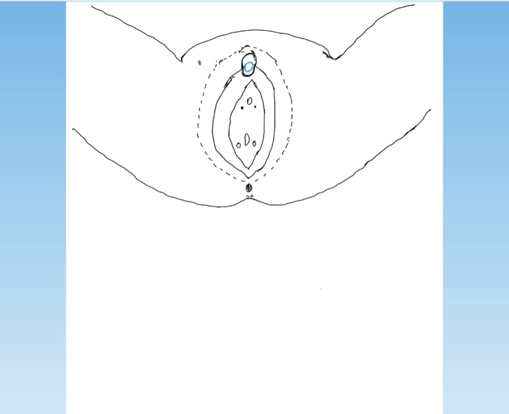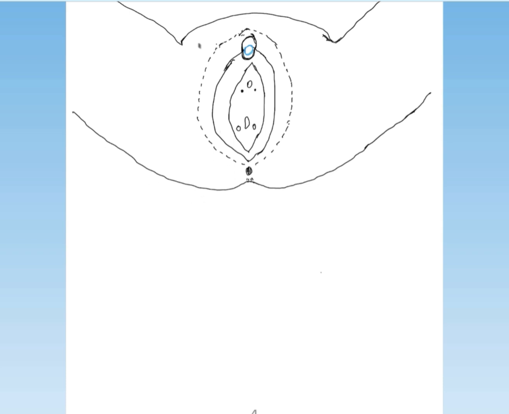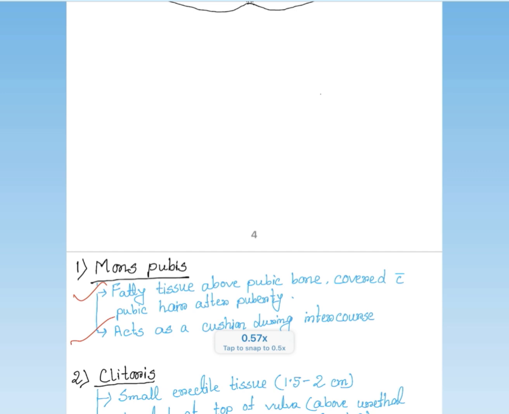Now, coming one by one: the Mons pubis, the first external genital organ. We also say Mons pubis or Mons veneris.